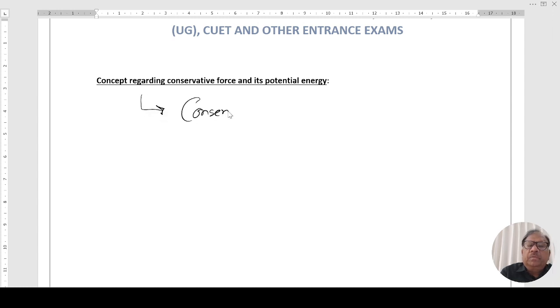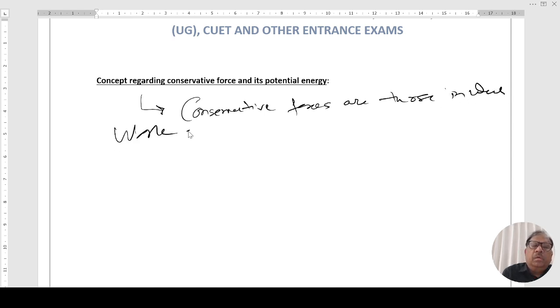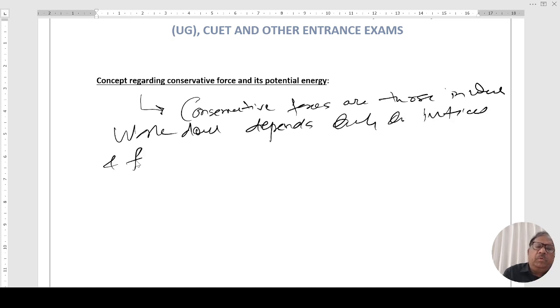Conservative forces are those in which work done depends only on initial and final positions, that is, path independent.